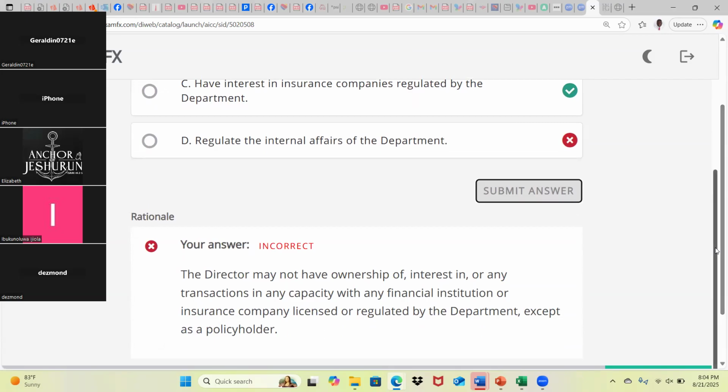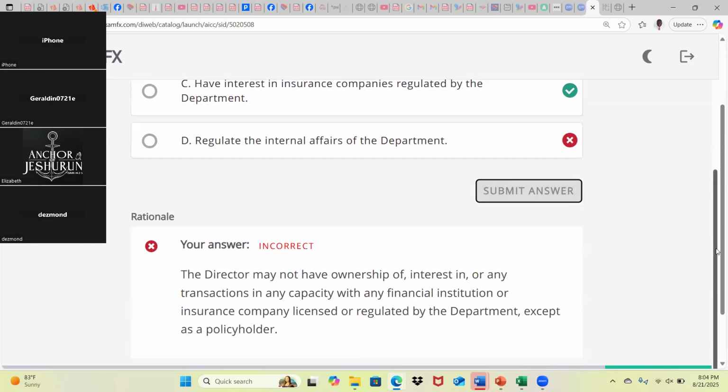So I thought it's correct. They were talking about ownership interest. Oh my gosh. That's why the word interest. So the director may not have ownership interest in or transactions in any capacity with any financial institution or insurance company licensed or regulated by the department, except as a policy holder.